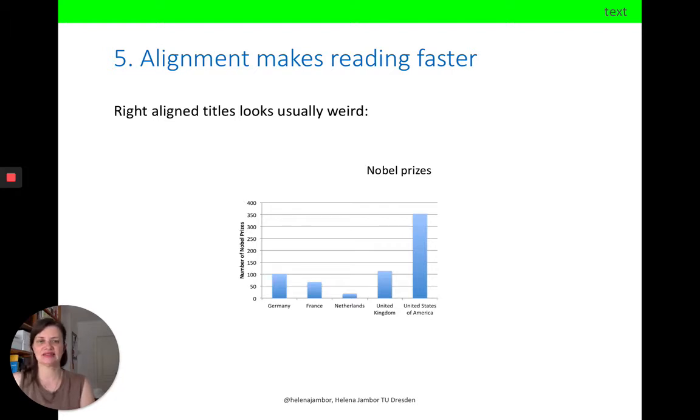They typically start at the left uppermost corner and read down line by line by line. If you put something as critical, which should be seen as the first thing, as the title of a chart, into the right-hand corner, you force the audience to be a bit slower with finding it. So avoid right-aligned titles at all costs.